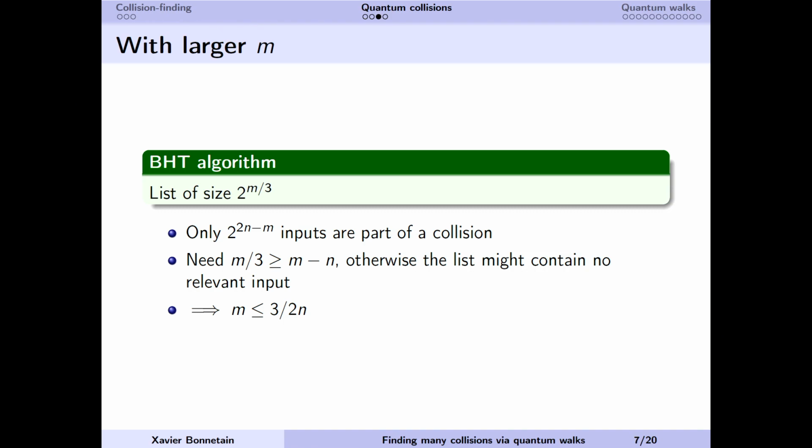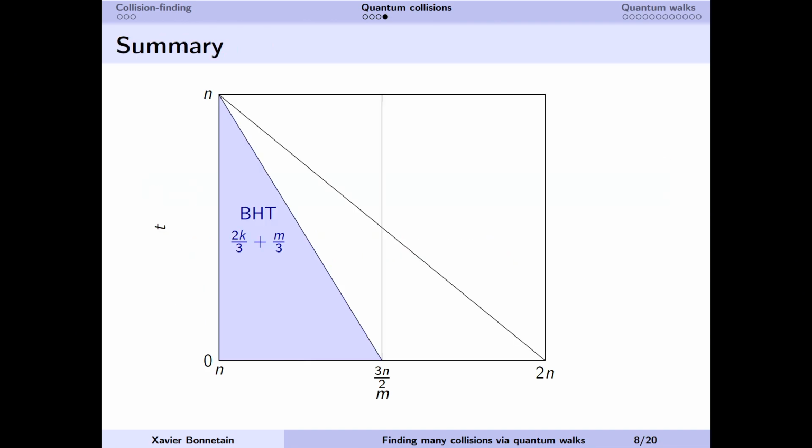If we compute the probability, we'll see that this imposes a restriction on the output size. That is, the output size must be at most 1.5 times the input size. Of course, if we are not in this case, we can still make it work by taking a larger list. But then, we no longer match the lower bound.